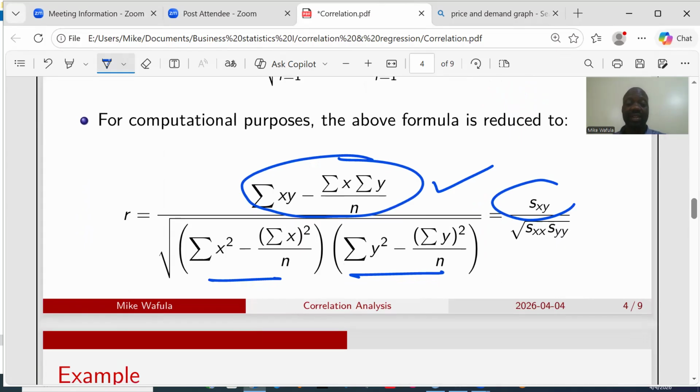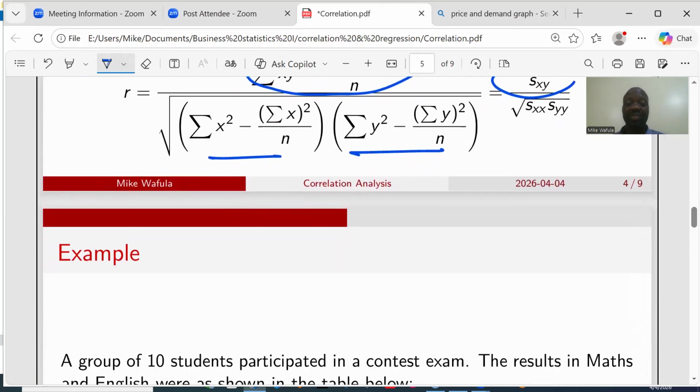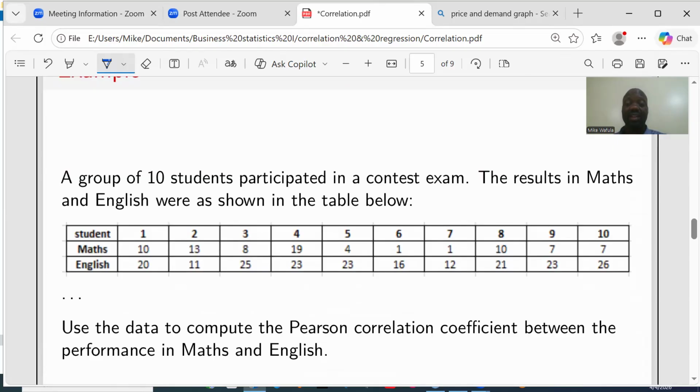So let's begin by looking at an example that makes use of this formula so that we see how we can compute the correlation. We have data of 10 students who sat for a contest, with maths and English results. Suppose we want to establish the correlation between performance in maths and English. First, you need to do the coding.